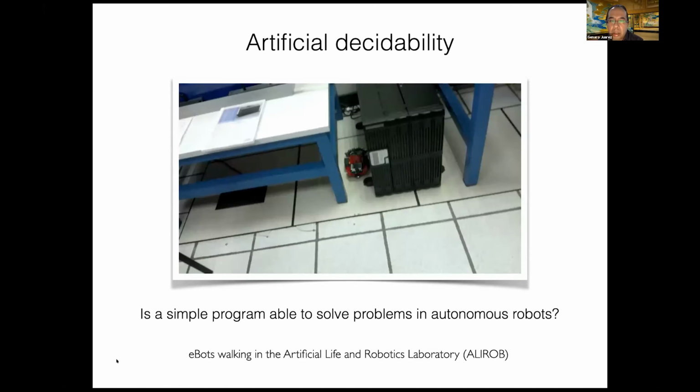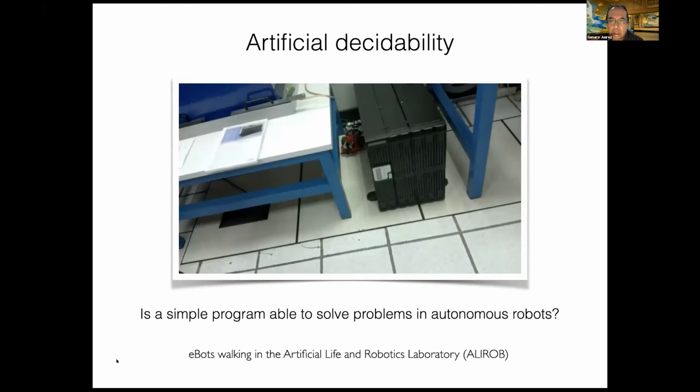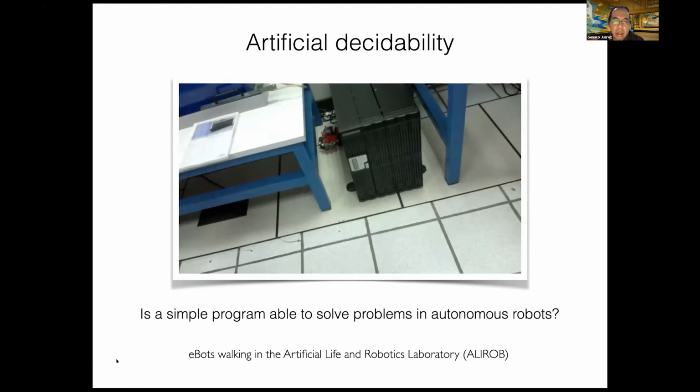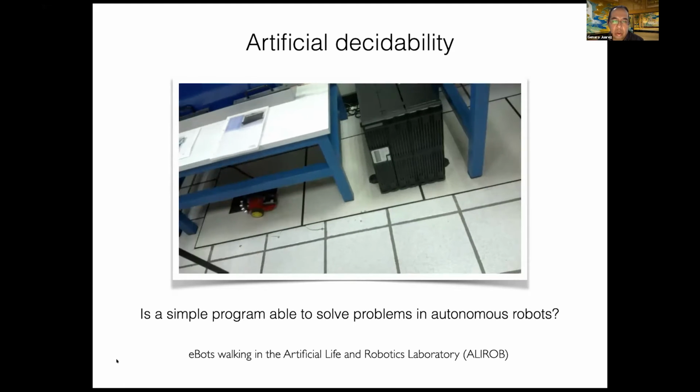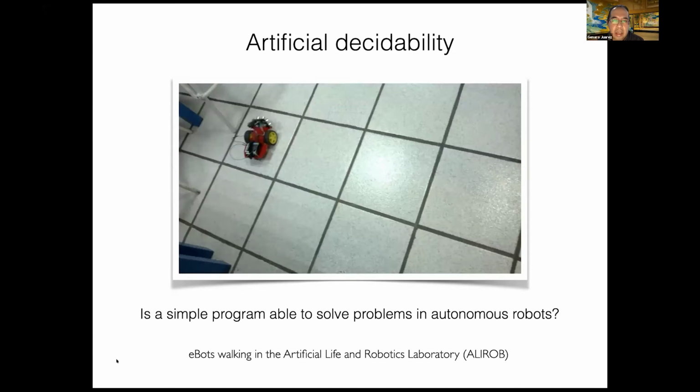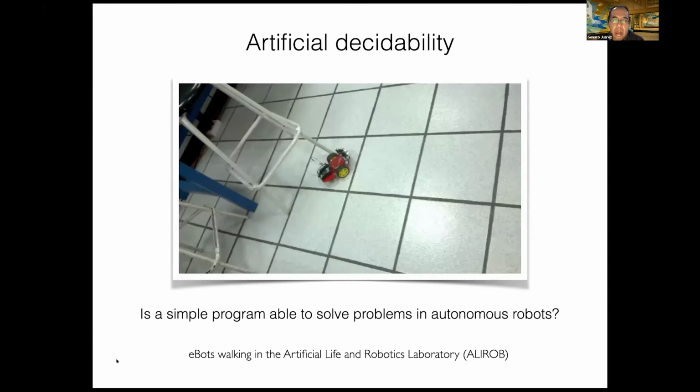But what happens when this robot reaches some complicated places in the laboratory? Well, the robot will decide what action to take to exit through this gate.